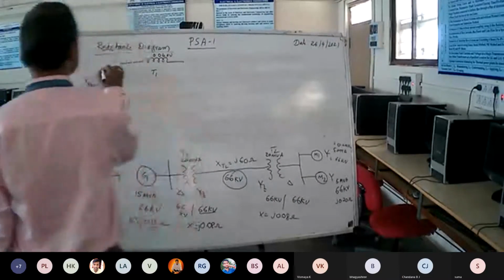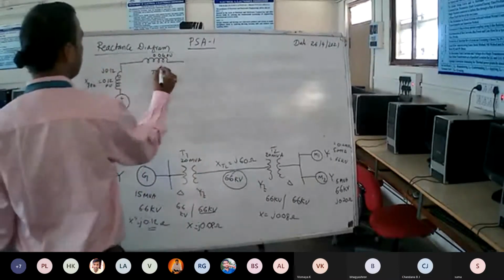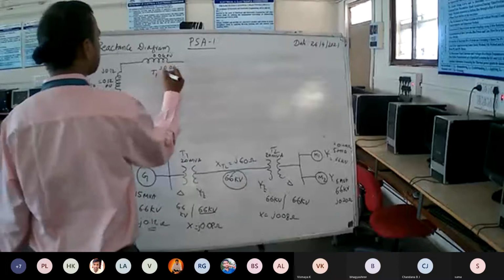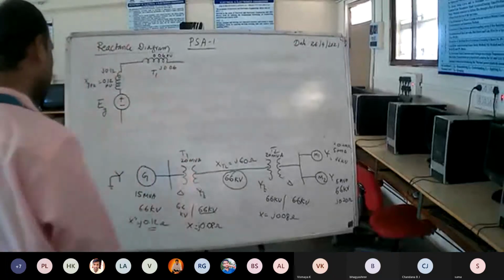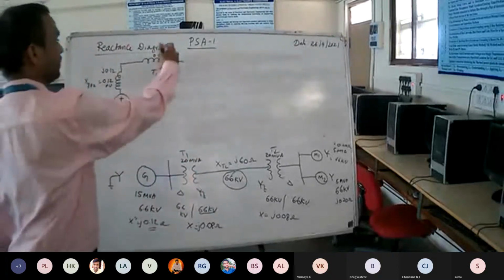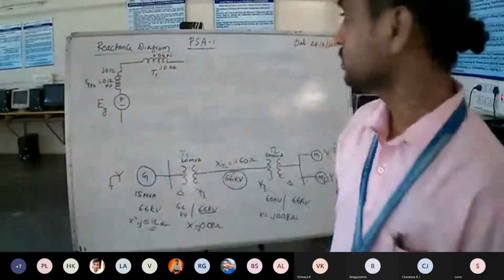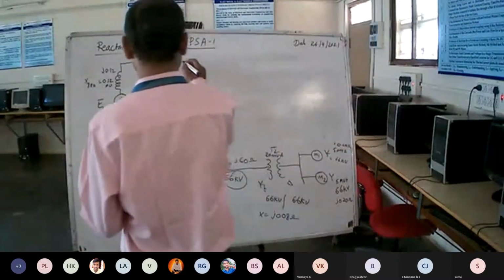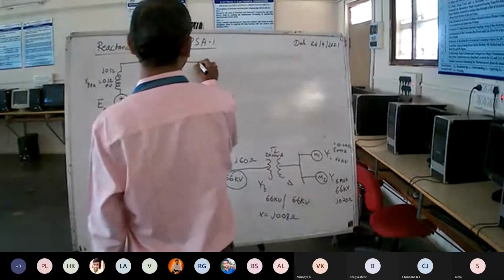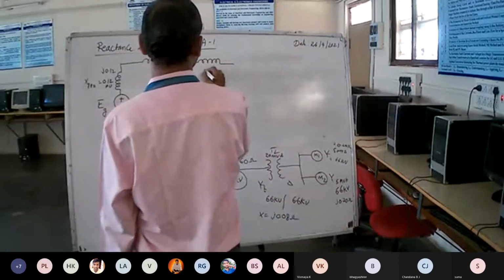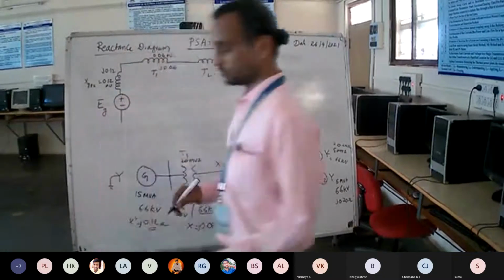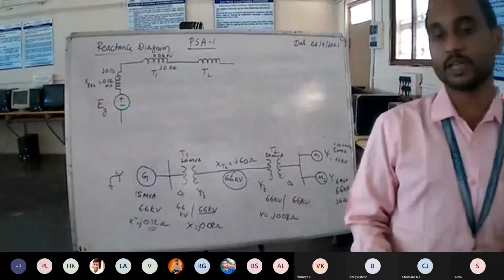You can represent it either as per unit or in terms of j. Right? Next, the transmission line. What is the value of the transmission line calculated?